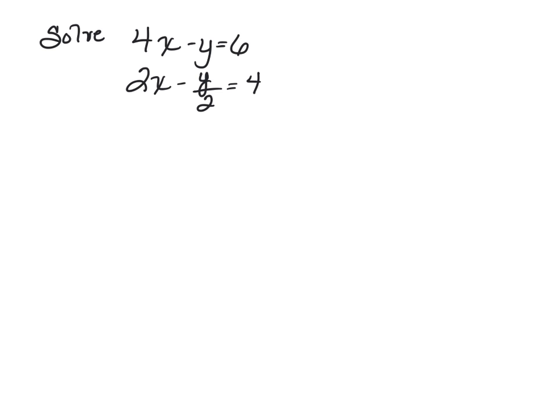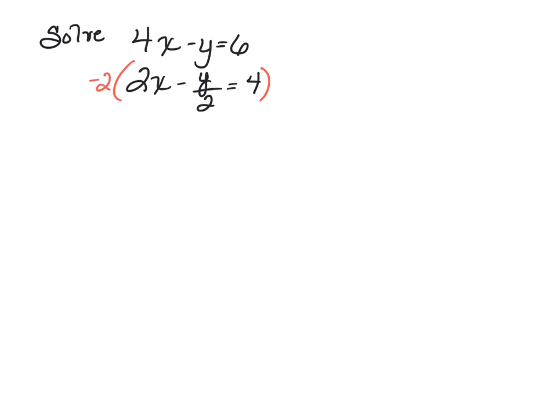The first thing I might notice is that if I multiply both sides here by negative 2, I could make the x's cancel out. Or you might have noticed that if I multiply the second equation by negative 2, the y's might cancel out. That might lead you to think about something that we've discussed before. But let's go ahead and begin to solve this.